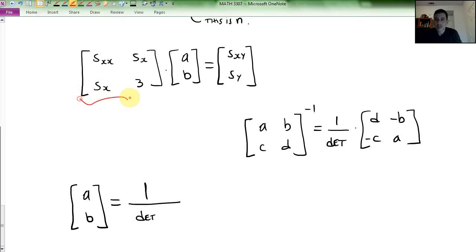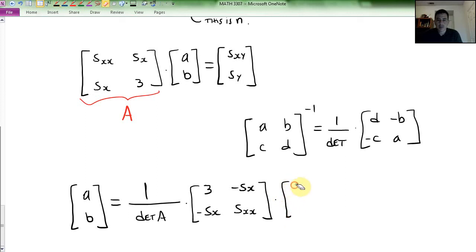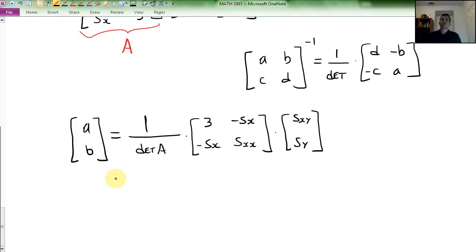Now let me call this A. So the determinant of A times 3 Sxx minus Sx, and times Sxy Sy. So this is how we found A and B.